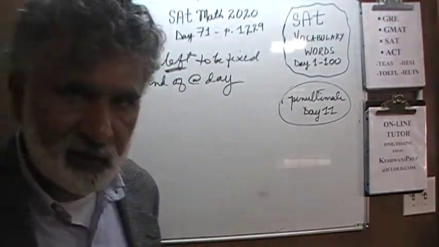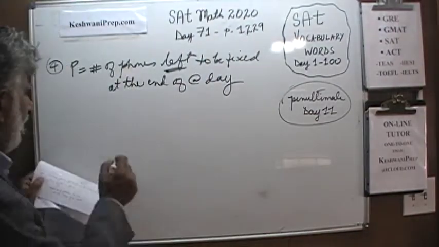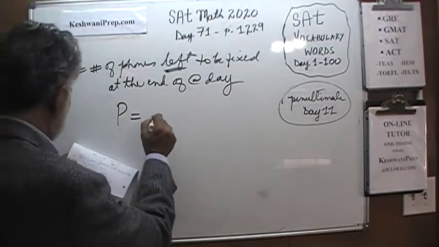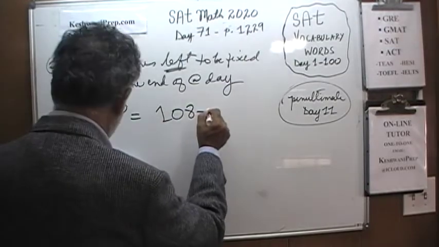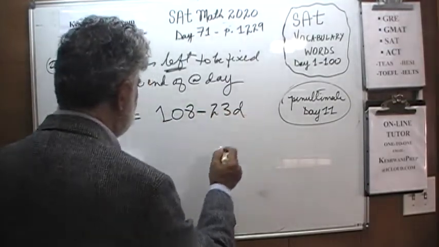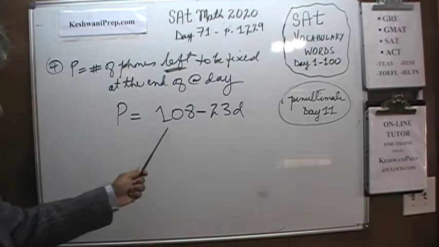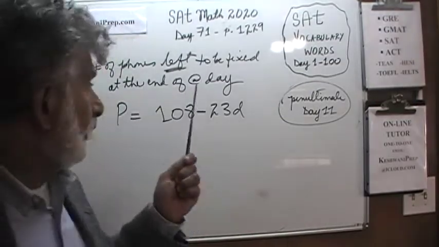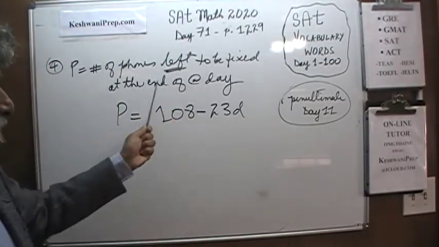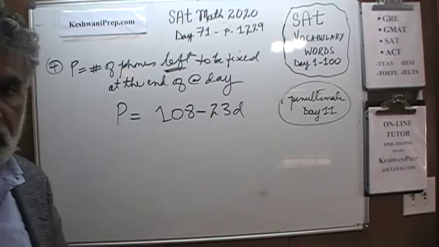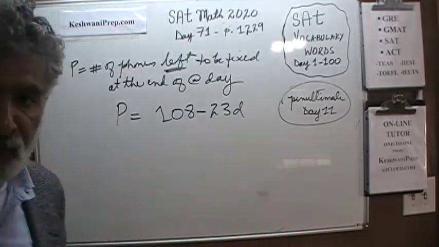People bring the broken phones to her and she fixes them, and over the time she has figured out that the model that she needs is this 108 minus 23 D. She has estimated that this equation will tell her how many phones are left at the end of each day that she needs to fix. Question is, what's the interpretation of 108?